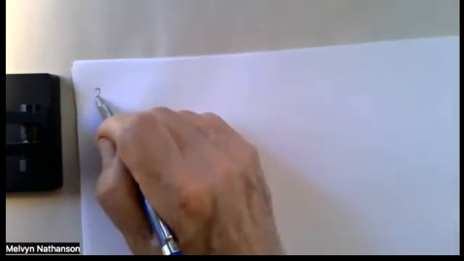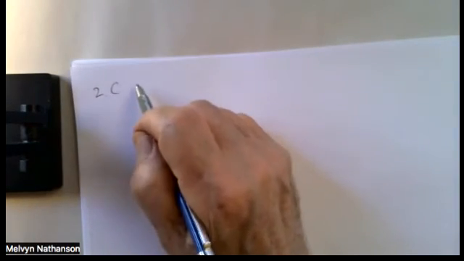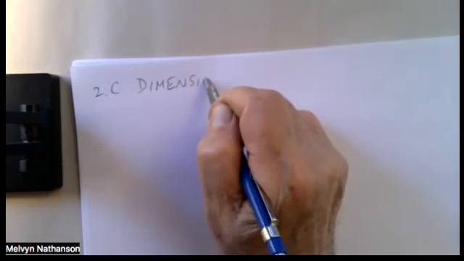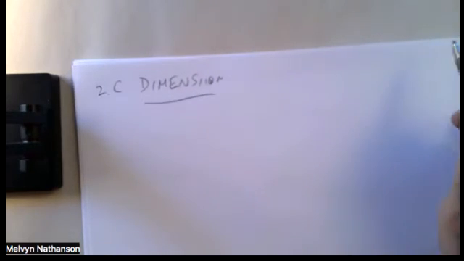Okay, so this is what we talked about last week. And the lesson for today is chapter 2, section C, which is on dimension. And we will be able to say what is the dimension of a vector space.